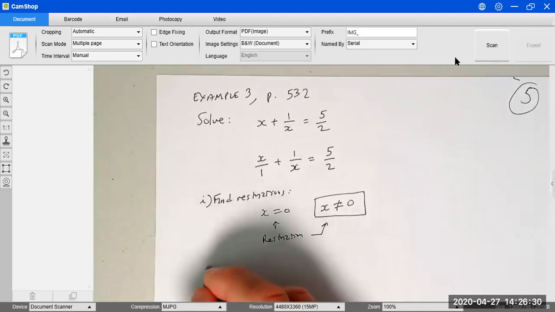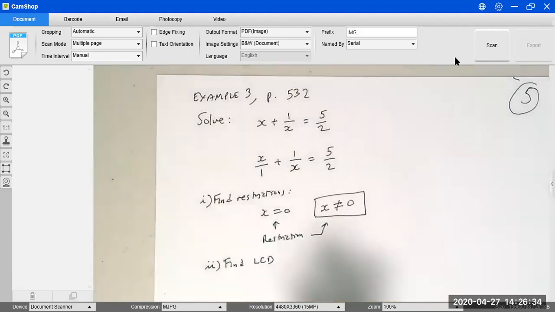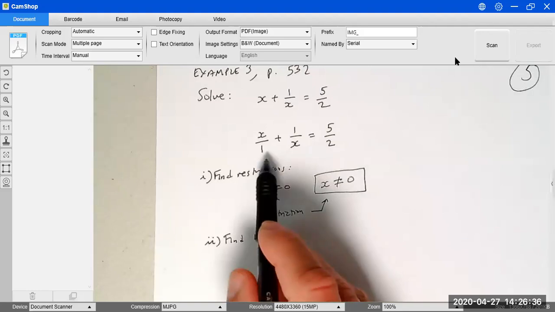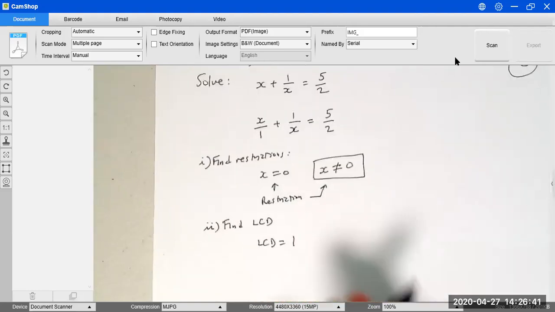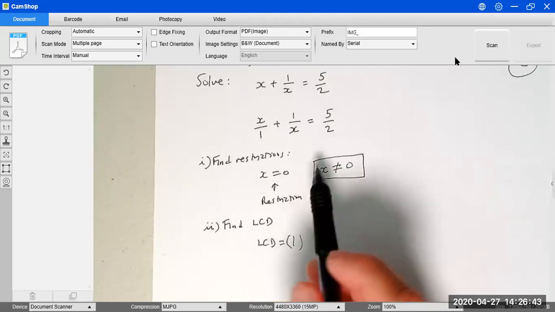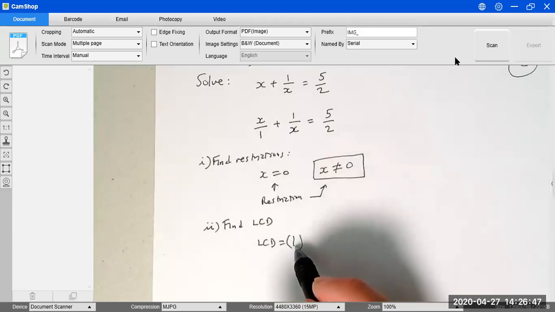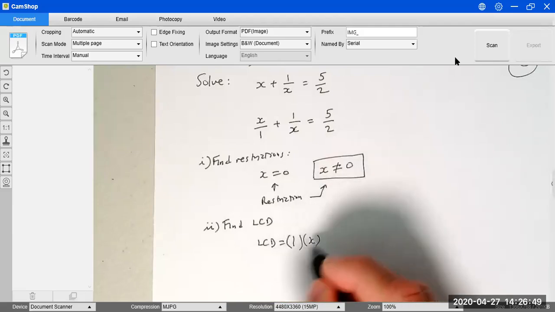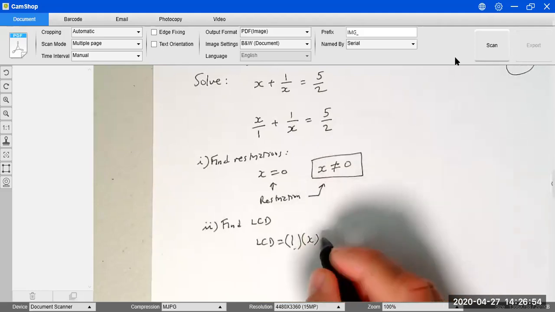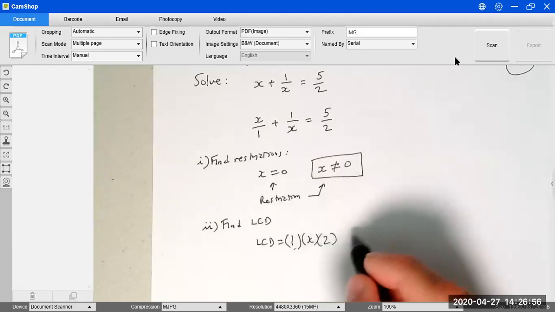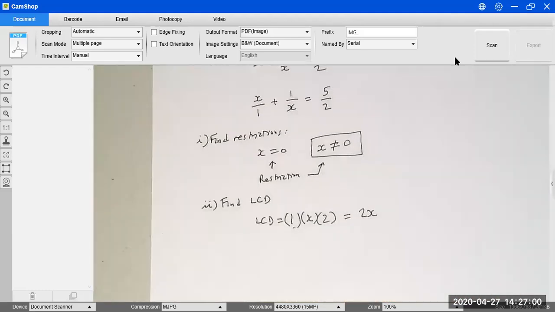Now we're going to find the least common denominator. So I'm going to start with the first denominator, which is just 1. Then I'm going to multiply by the factors from the second denominator that are not already here. So x is not here yet. Then the next denominator is just 2. 2 is not here. So finally, my least common denominator is going to be 2x.